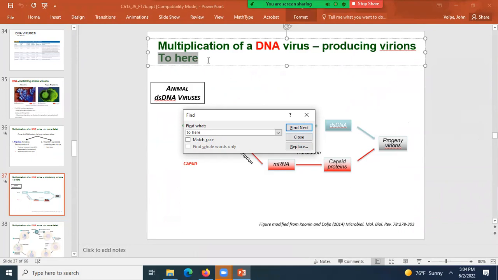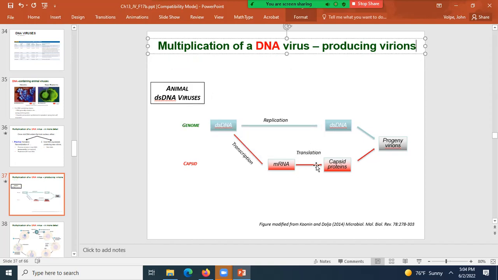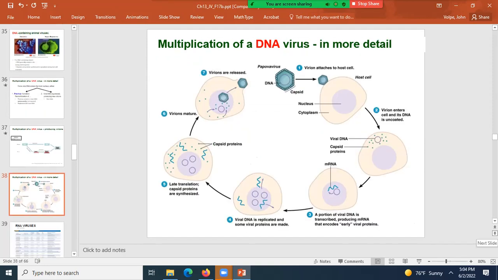a multiplication of a DNA virus, and they need to reproduce both their genome as well as their proteins, the proteins of the capsid. And then those get together to make the new virions. So let's talk about the multiplication of a DNA virus in a little more detail. Let me blow this slide up.